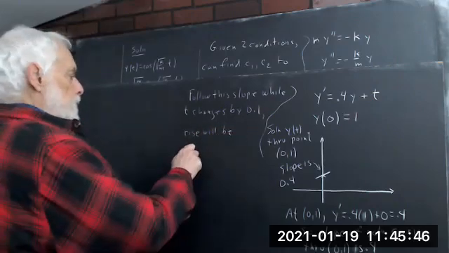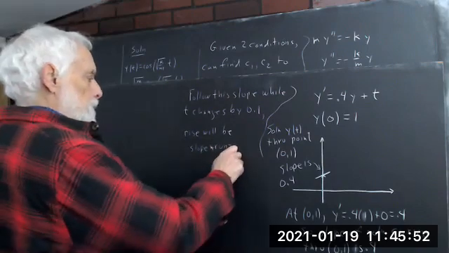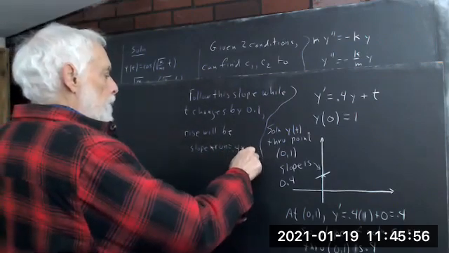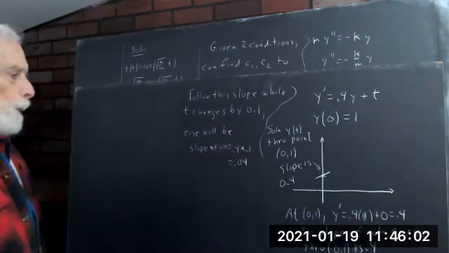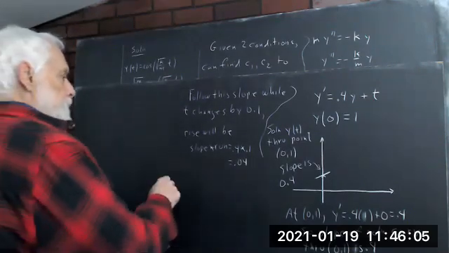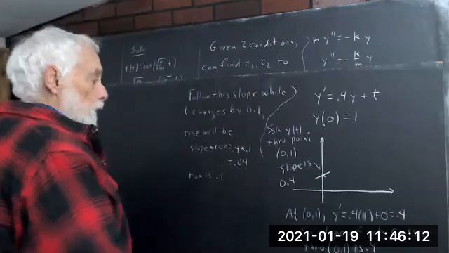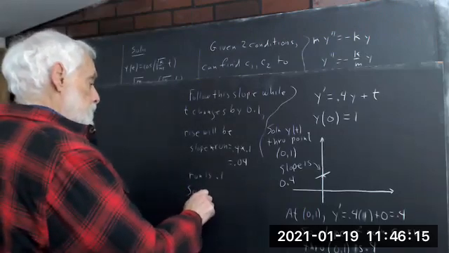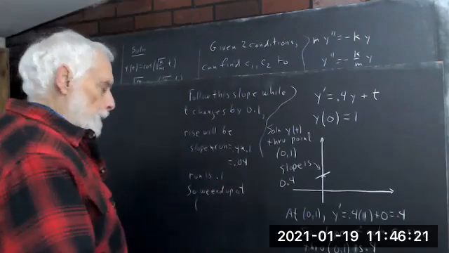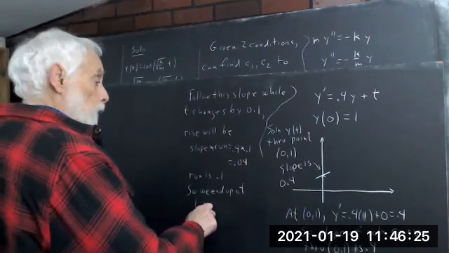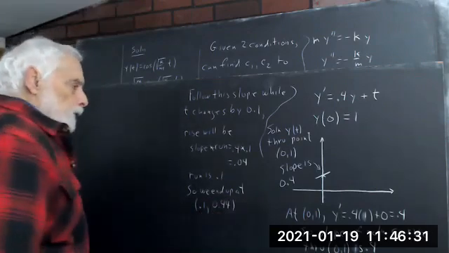The rise will be 0.04, and your run is your 0.1. So we end up at the point 0.1, 0.44.